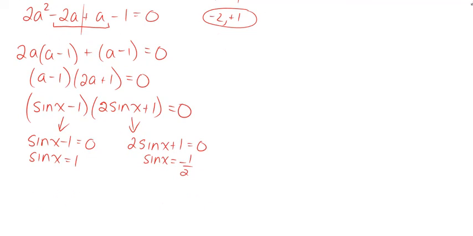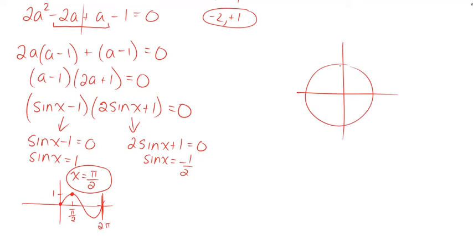So I personally know sine x is equal to 1 here. And that's pretty much the only time before 2 pi. It's 90 degrees. So that's just a value I know. It's one of the special ones. So I know that x would equal pi over 2. Another way of knowing that is the unit circle.